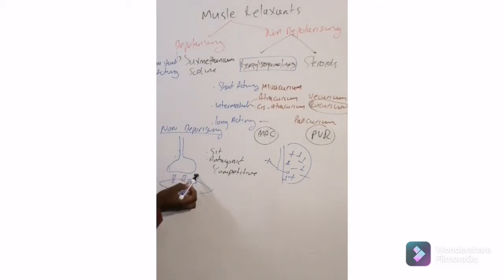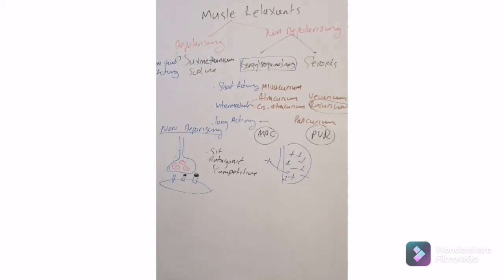Acetylcholine normally, after it has been released from these vesicles, comes in and sits on its nicotinic receptor. That's a normal situation. But now acetylcholine finds that there is someone sitting in its place, and that is these neuromuscular blockers.